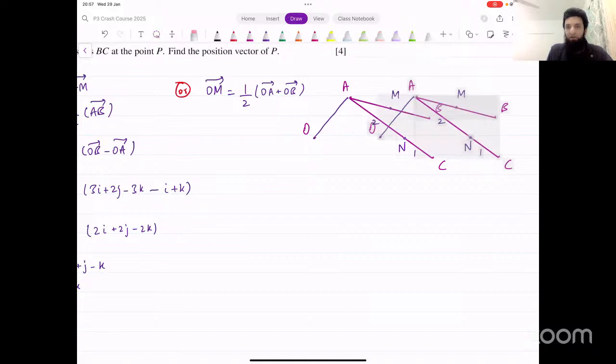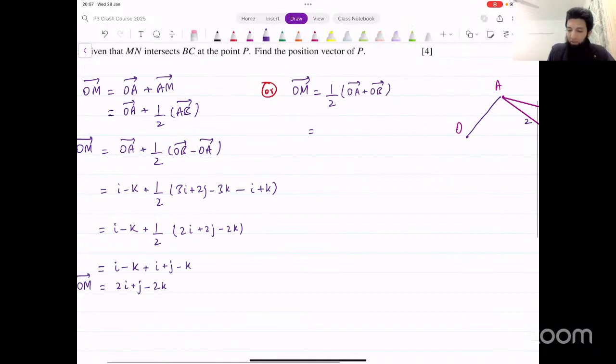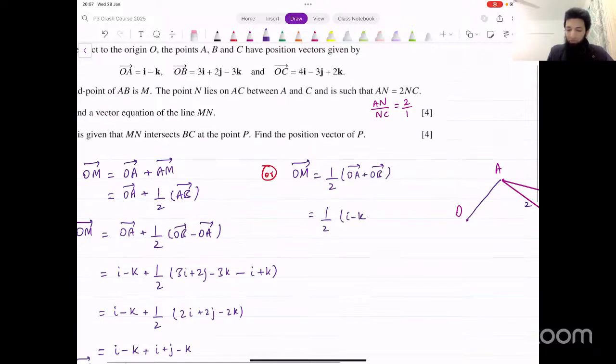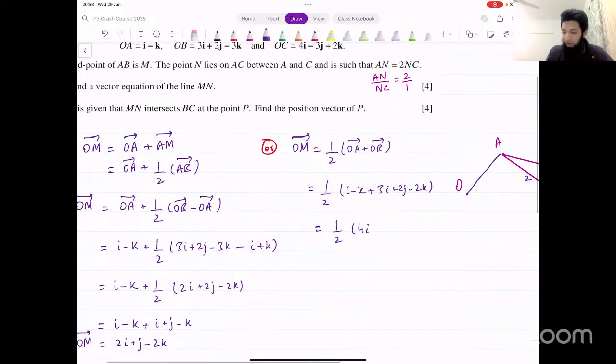So how would that work here? It becomes 1 over 2 into OA, that is i minus k, plus OB, which is 3i plus 2j minus 3k. Simplify that, and that gives you 1 over 2 into 4i plus 2j minus 3k.